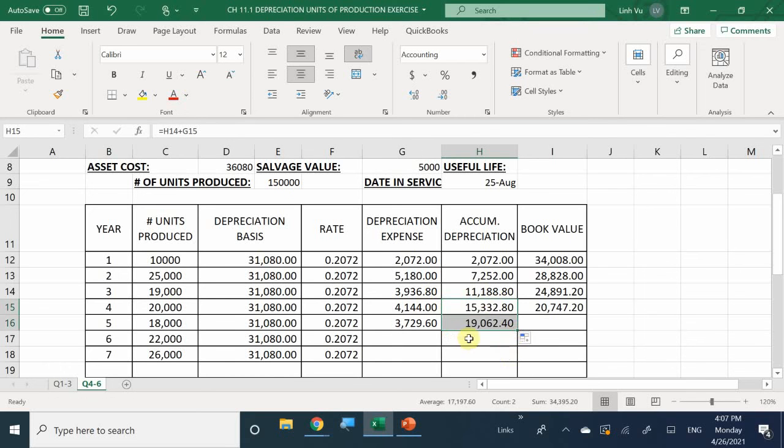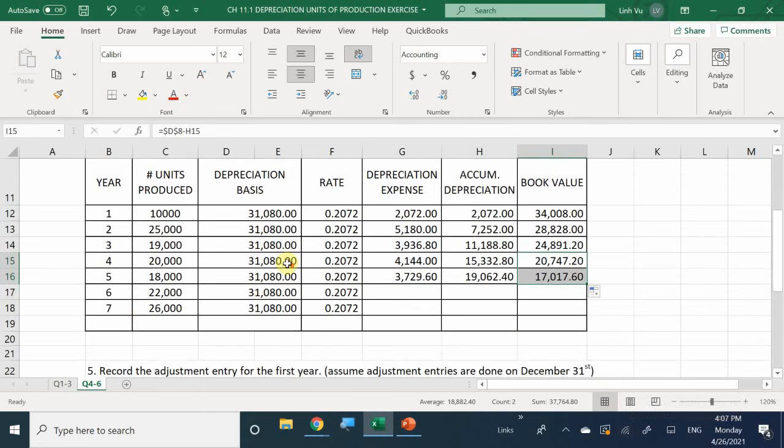Good. Okay. So making my book value become what? $17,017.60. Excellent. Okay. Two more and then we'll practice something else.